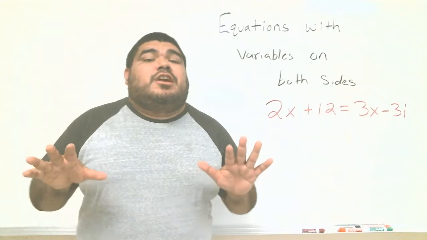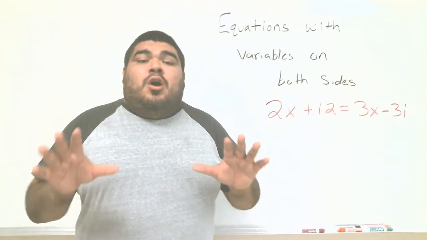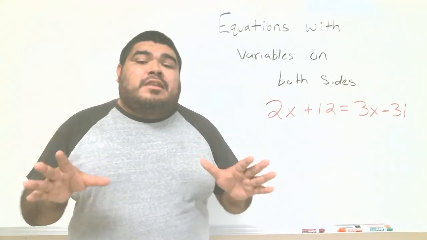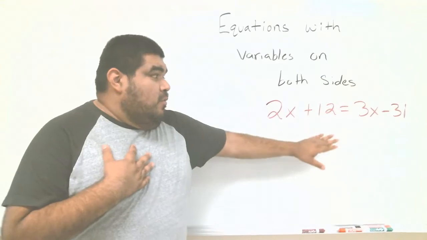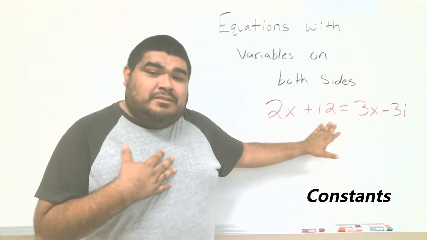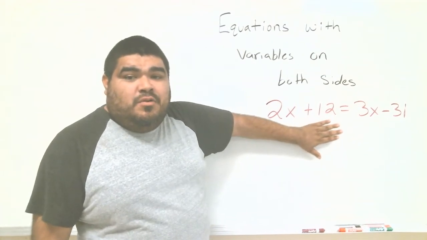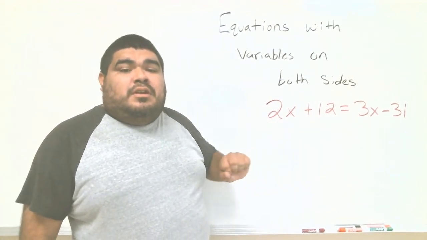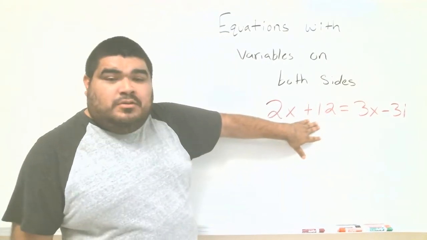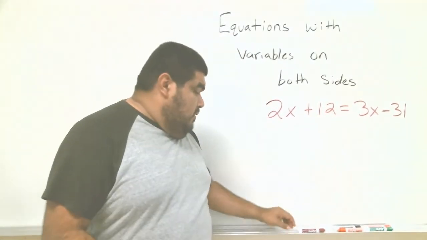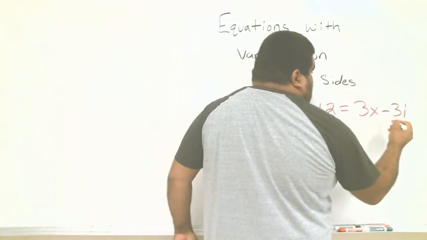Usually when you see a problem with two sides, you can always move anything you like to move. I like to move the numbers that are without a variable. They're called constants. So I'm gonna move, in this case, the 31, gonna move it to the 12. Remember, notice that the 31 is negative.